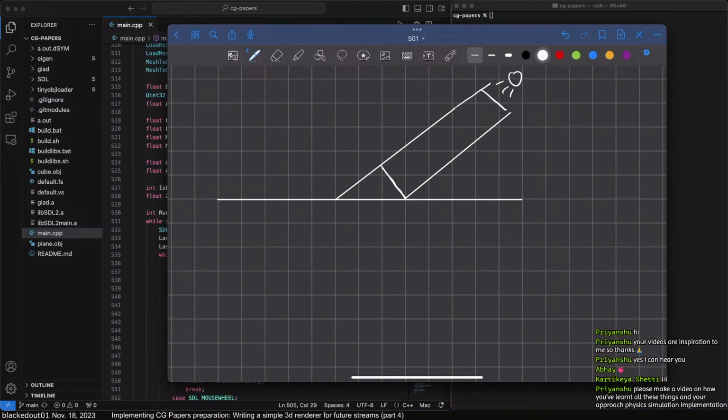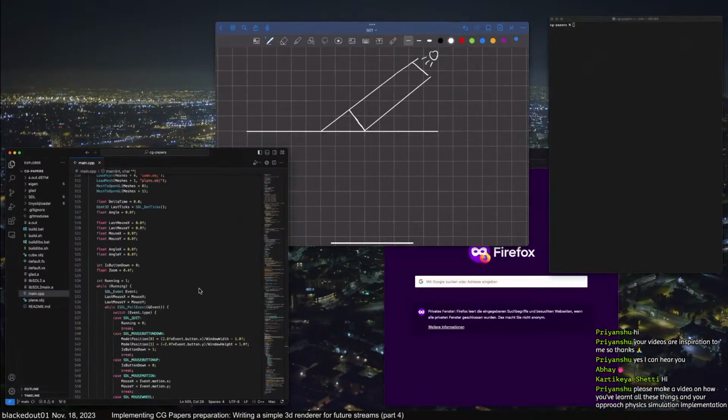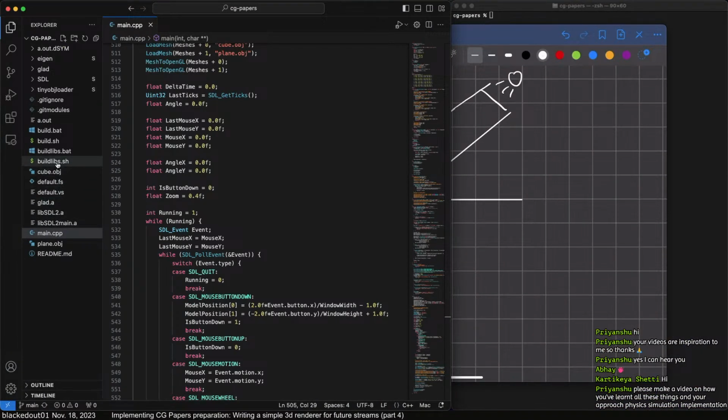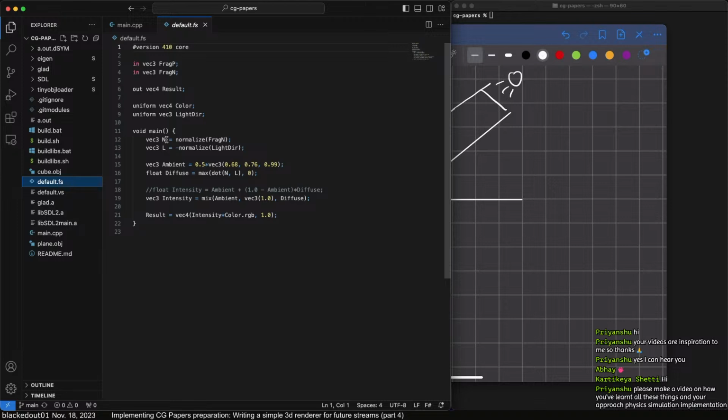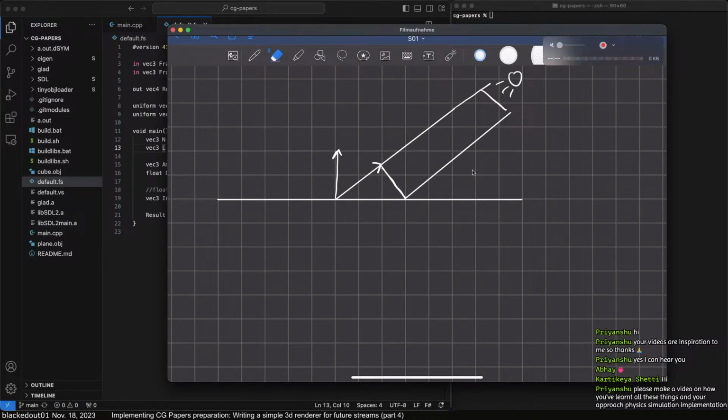So the way to work out how bright a point on the surface is, depending on the angle of the light, works as follows. In the shader, we have the normal vector n of the plane. So the plane is this here. And we have L, which is the vector that points in the direction of the light source.